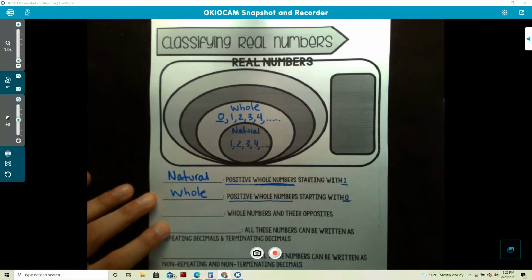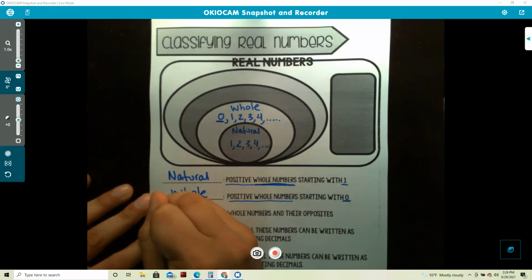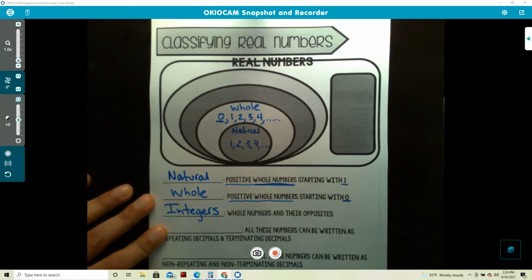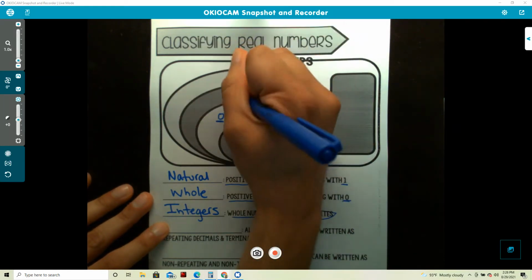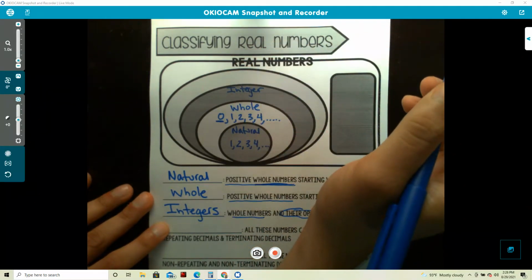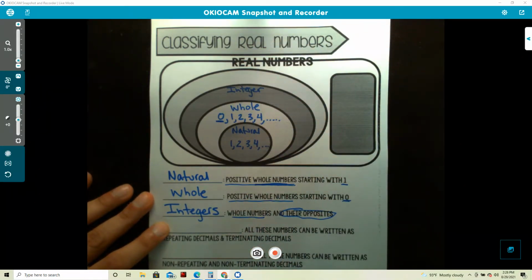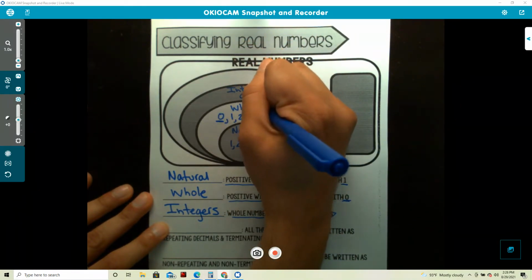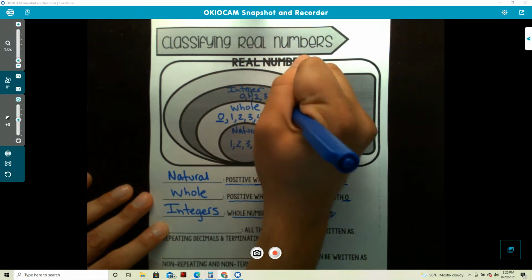All right, so next is integers. Integers are also whole numbers, including their opposites, and what they mean by that is their negatives. Let me go ahead and write integer. So we've got 0, 1, 2, 3, 4 going on.